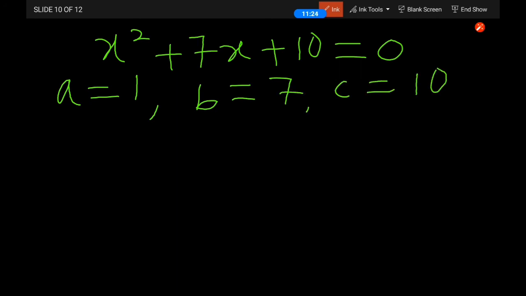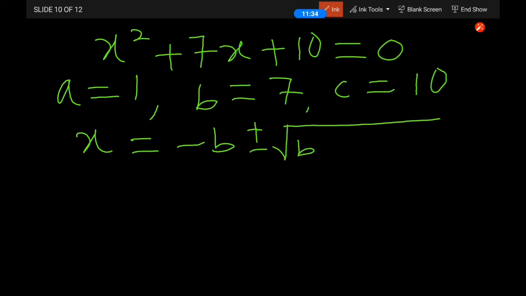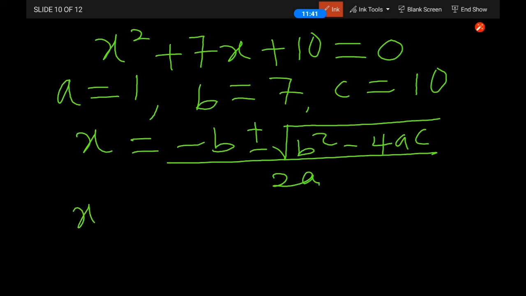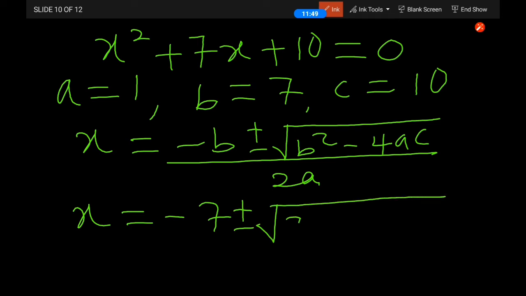So putting the values straight, the formula is x equals minus b, remember, plus or minus square root of b squared minus 4ac all over 2a. So if you put the values there, you're going to be having minus 7 plus or minus, what is my b squared there? That is 7 squared, good, minus 4, remember, times 1, and my c is 10, good.